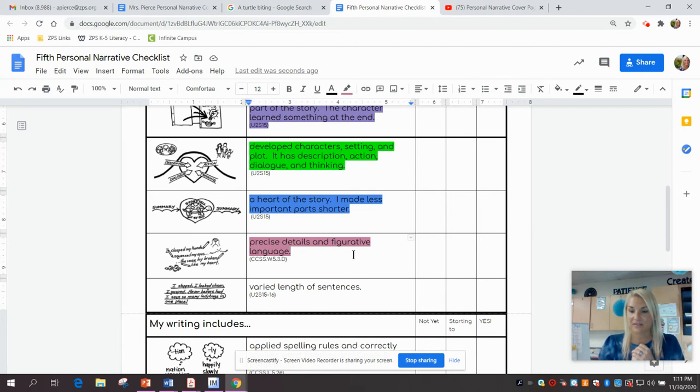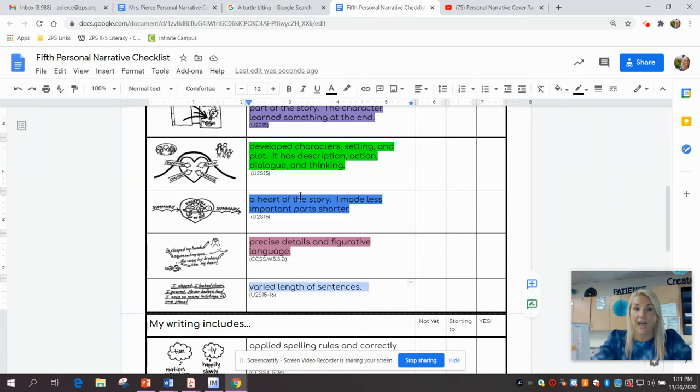And alliteration, like Sally sold seashells by the seashore, having a repetitive S. If you use personification, giving a real life characteristic to an object, like the fridge, and you said the fridge was talking to me. Well, the fridge can't talk, but you gave it a real life characteristic. Think back to where you can add more figurative language in your piece.